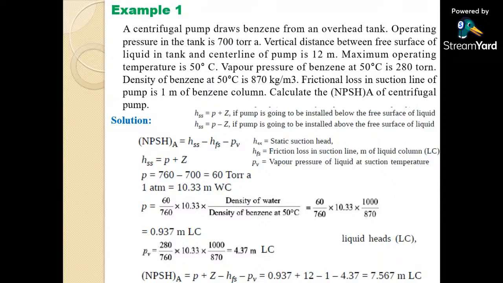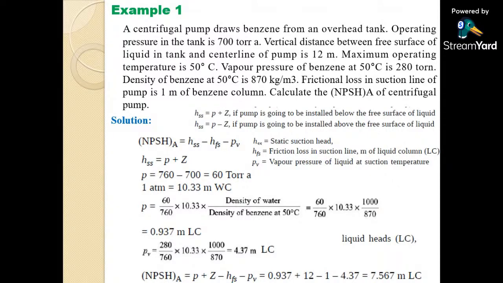It is available in our library. Have a look at it. You will find density data, Cp data, vapor pressure data, enthalpy data, free energy data, everything. There are a number of reference books available to extract the physical and chemical properties of various chemicals. So PV is known, HFS is known.